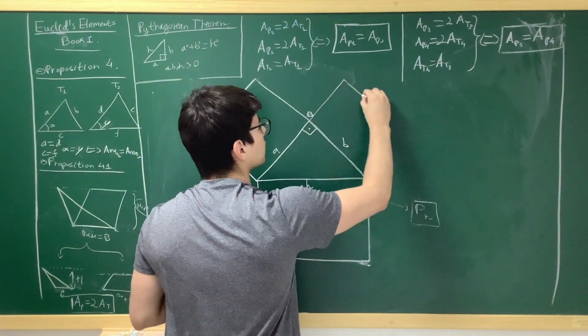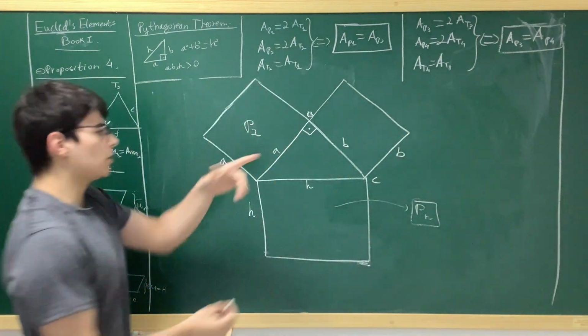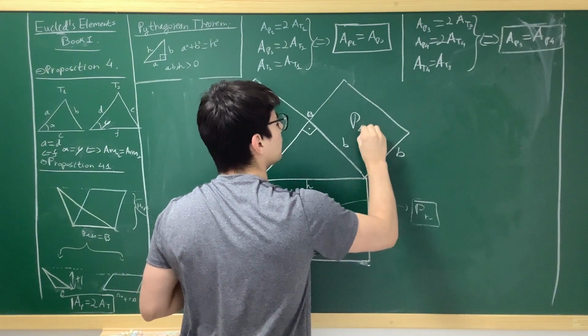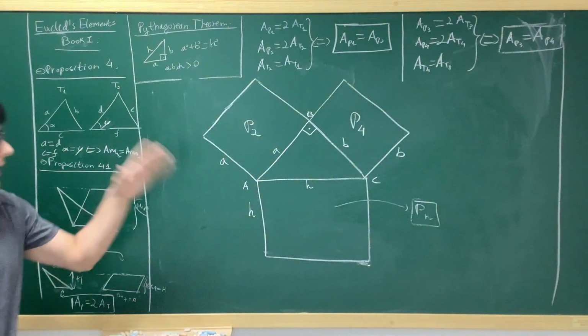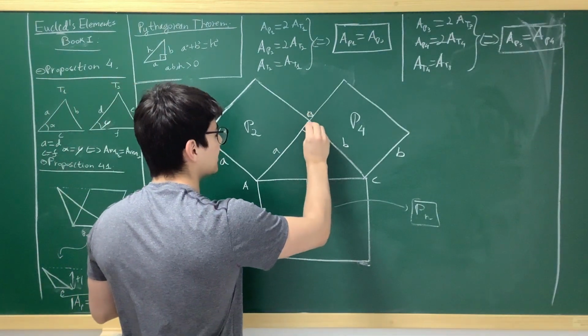And our last one is just this. So we call this P4, I think, right? So again, we will use our magic line, which lets us solve everything.